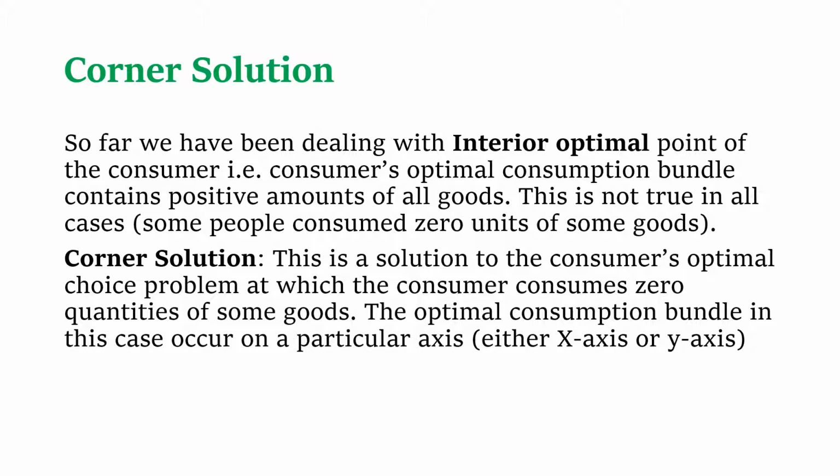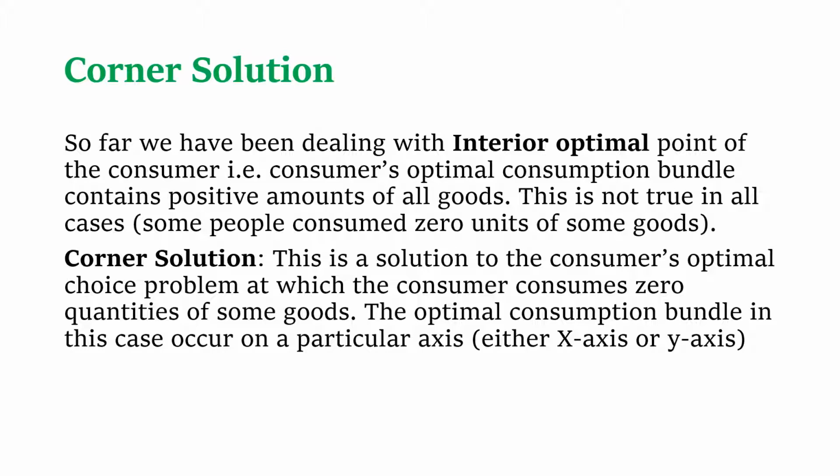Now let's look at the corner solution here. The last topic we talked about the interior optimal points of the consumer. That is to say, the consumer's optimal consumption bundle contains a positive amount of all goods. This is not true in all cases, because some people do consume zero amount of some goods.